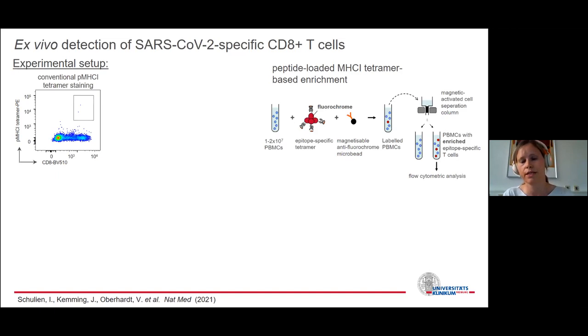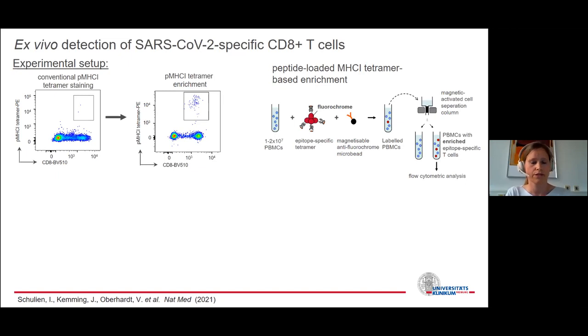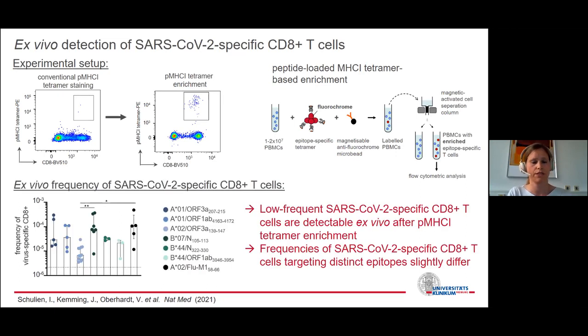In this technique, you label your fluorochrome-labeled tetramer with a magnetic bead and then perform a magnetic bead-based separation. By doing so, we increased the detection sensitivity and could further analyze the SARS-CoV-2 specific CD8 T cells for the different epitopes. With this technique, we can also back calculate the ex vivo frequencies.